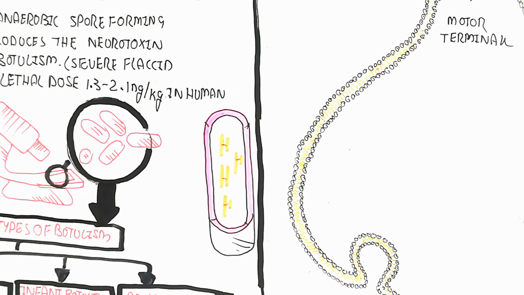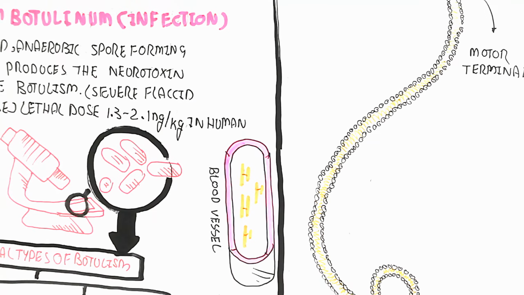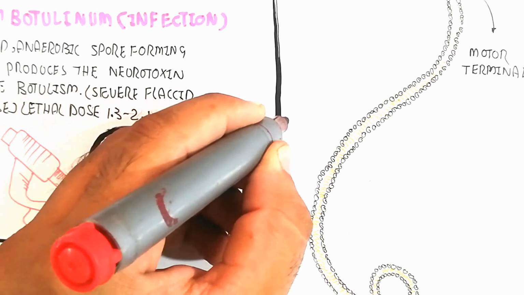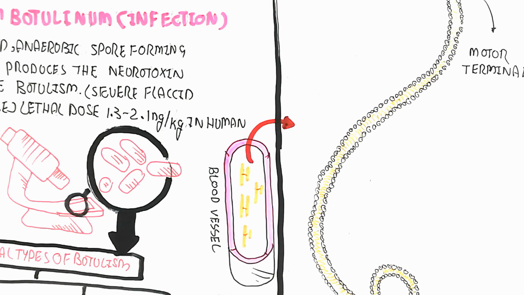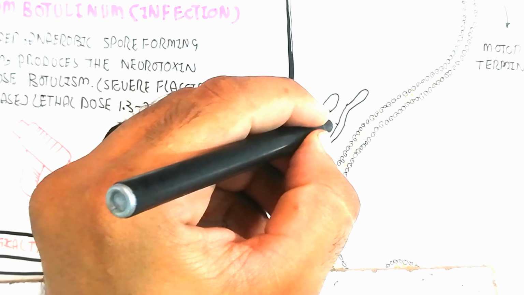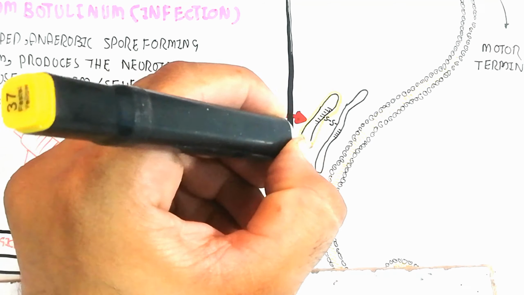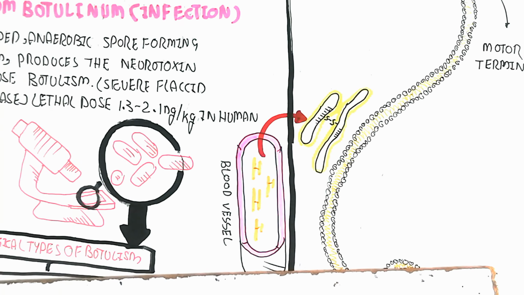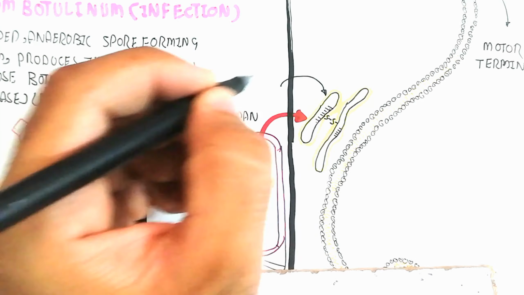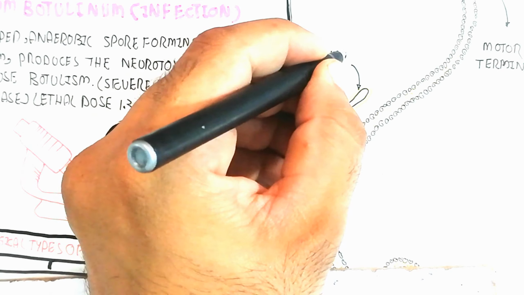VAMP means vesicle associated membrane protein. Here you can see the blood vessel, and the botulinum neurotoxin will move and contain a light chain and a heavy chain.